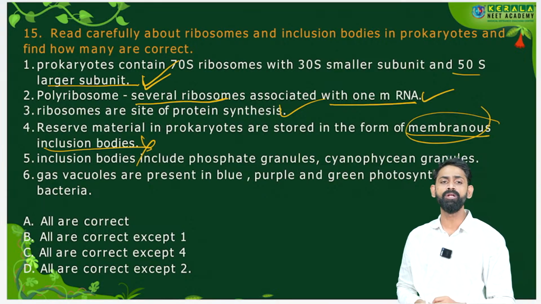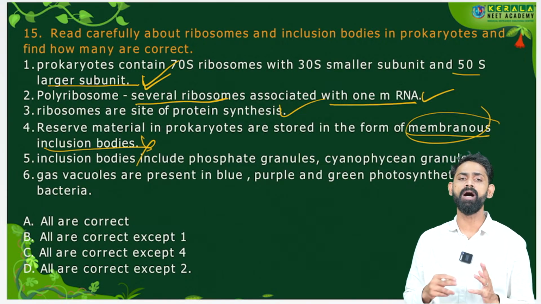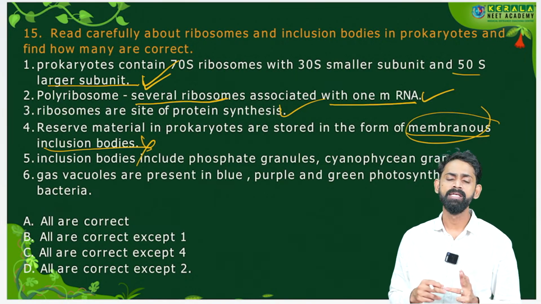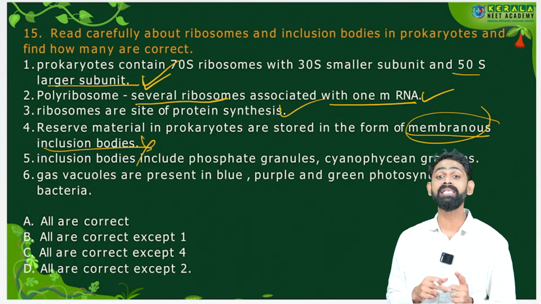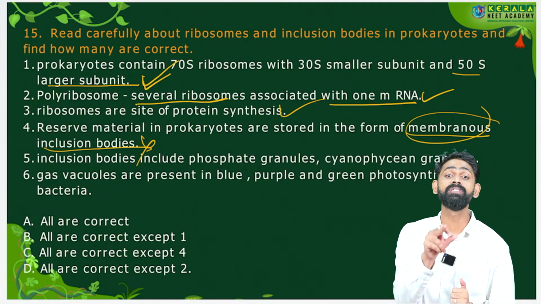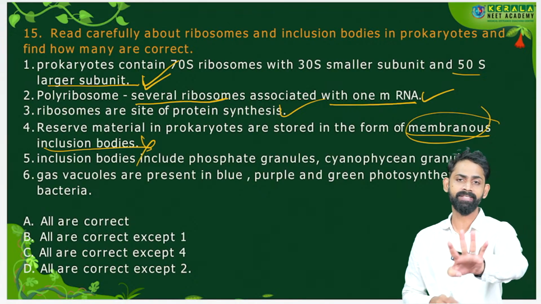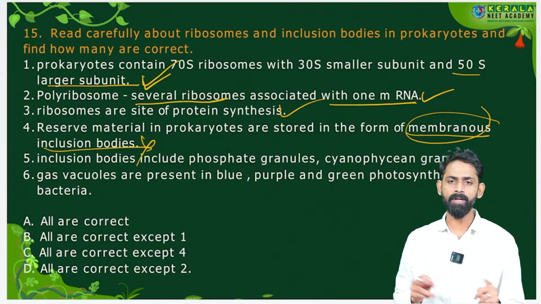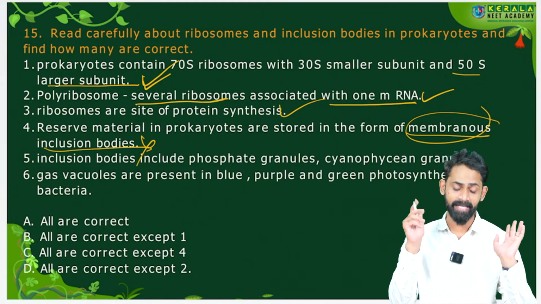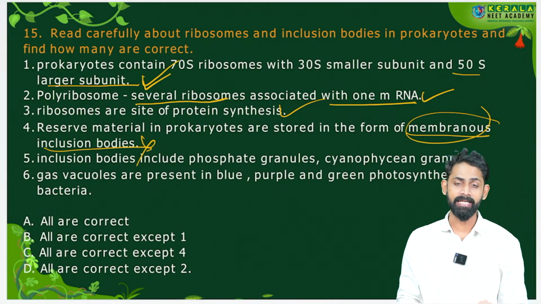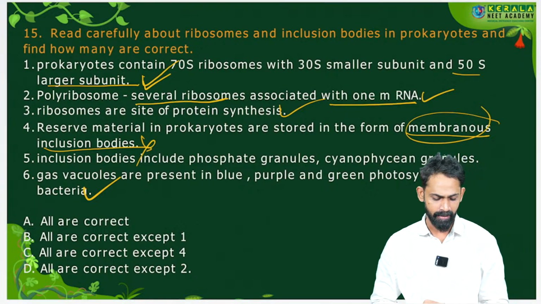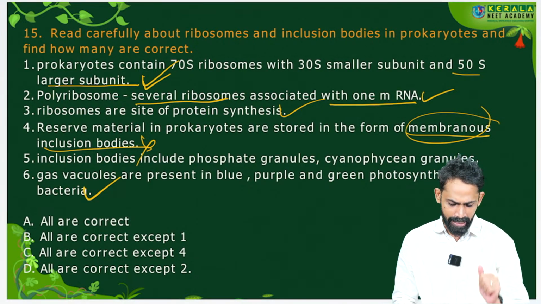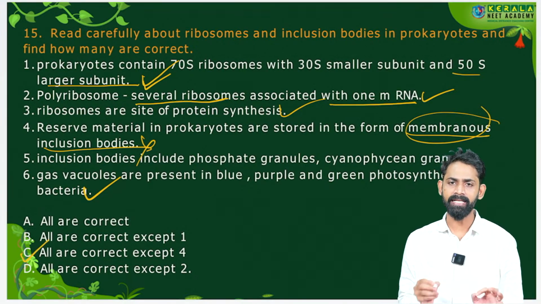Inclusion bodies or inclusion granules include polyphosphate granules, cyanophycin granules, gas vacuoles, and glycogen granules. 4 are mentioned. The next one: gas vacuoles are present in purple and green sulfur photosynthetic bacteria, the most primitive bacteria. This is also correct. So all are correct except 4. I hope you can get it.